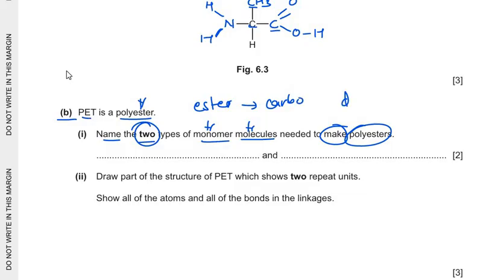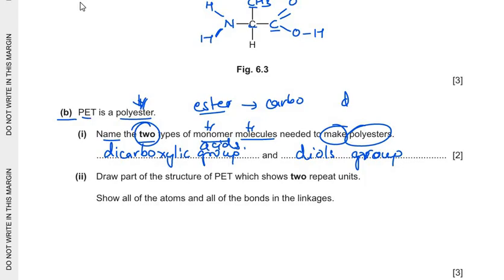So the monomers should contain dicarboxylic groups and diols groups. These two functional groups will combine to form the ester, named as polyester PET. So the two types of monomers should be dicarboxylic molecules and diol molecules. We can also name them dicarboxylic acids rather than groups, so that is also fine.